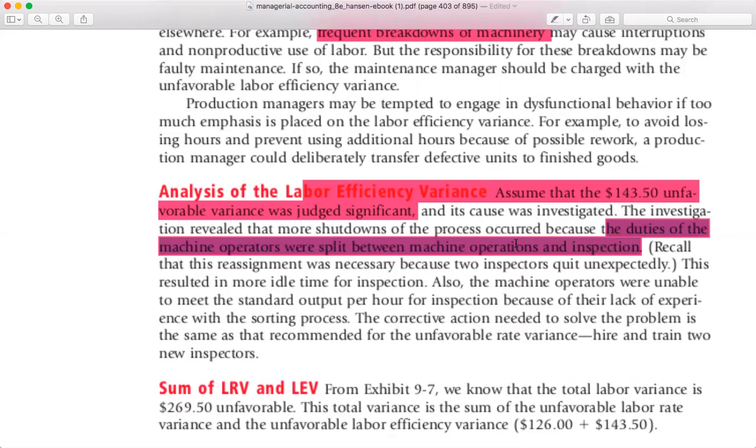And also the two inspectors had quit. So that was the correlation. And also there is idle time with the inspection, and the machine cannot be operated as usual, or probably the inspectors don't have enough experience to operate it. So it makes them need more time to complete it. Okay.